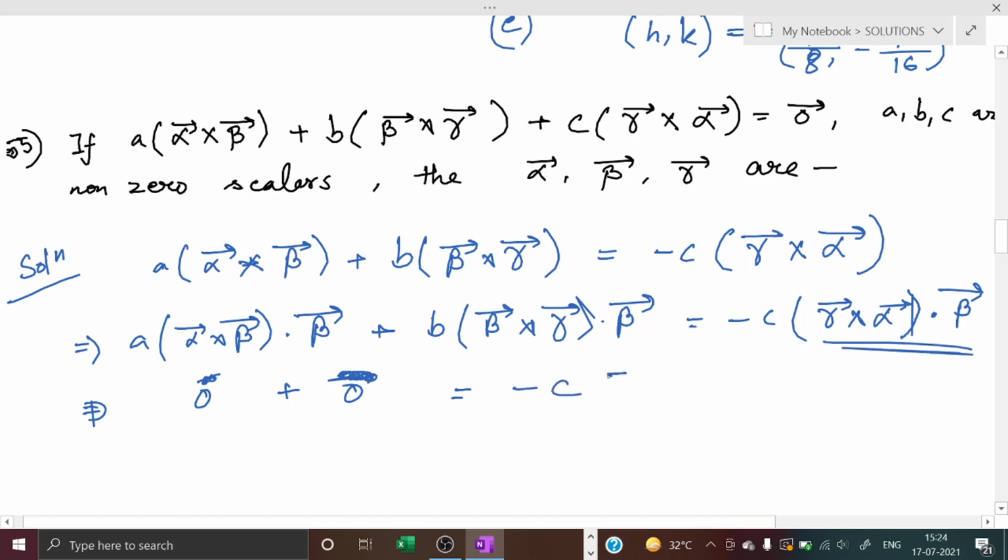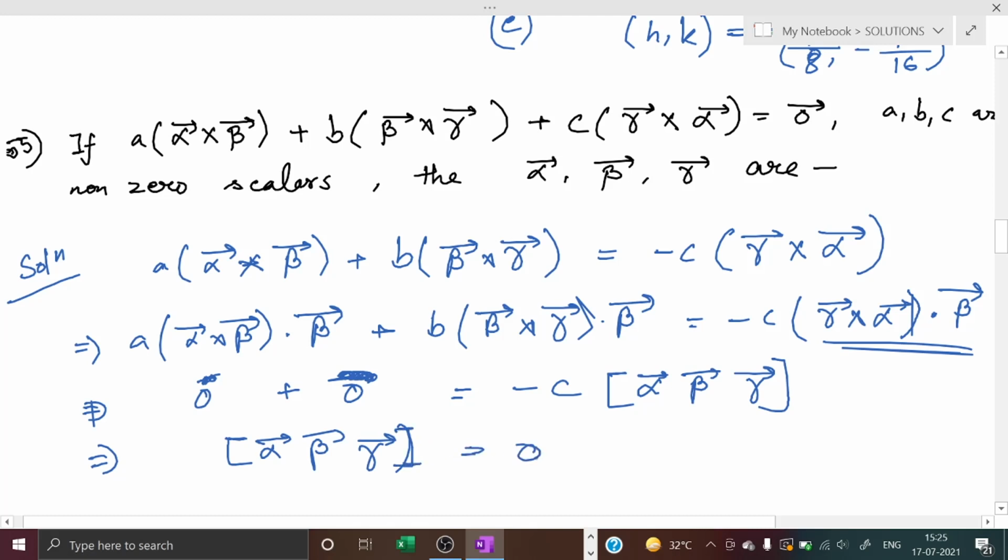This is the scalar triple product alpha, beta, gamma. So we are getting the scalar triple product to be 0, right? If scalar triple product is 0, then your vectors are coplanar. Okay, so vectors are coplanar. So option number C, according to the question paper, coplanar.